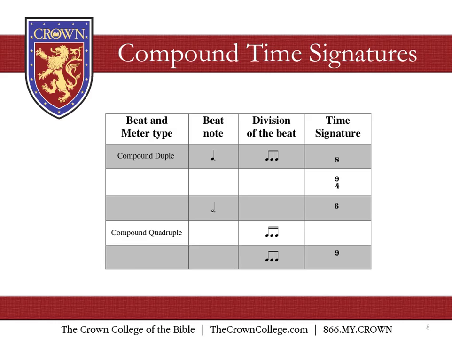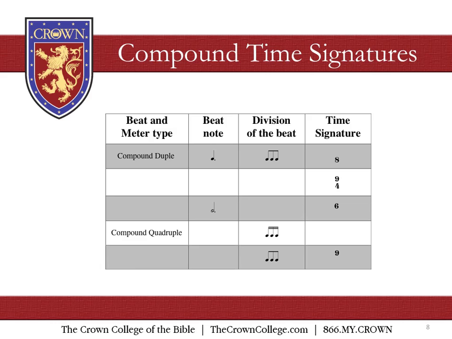The division of our beat is the eighth note, and that's the number we're going to see on the bottom of our time signature to represent the eighth note. Now, my duple time signature is asking that I have 2 groups per measure. 2 groups of what? 2 beat notes. Not 2 divisions of the beat, but 2 beat notes.